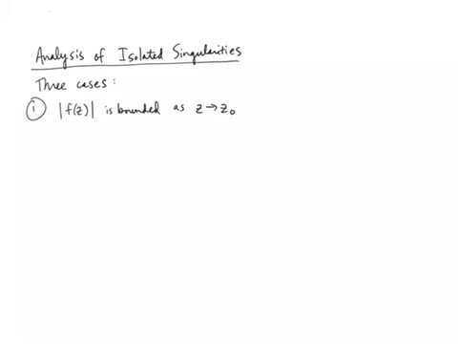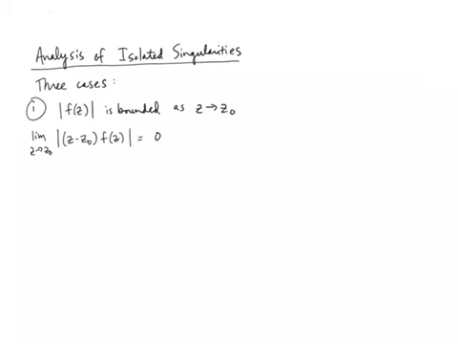Okay, so our hypothesis here, and one thing you can do with it is multiply this function by z minus z naught. Since norm f of z is bounded, the z minus z naught is going to drag that to 0 as z goes to z naught. So the limit as z goes to z naught of that is equal to 0.